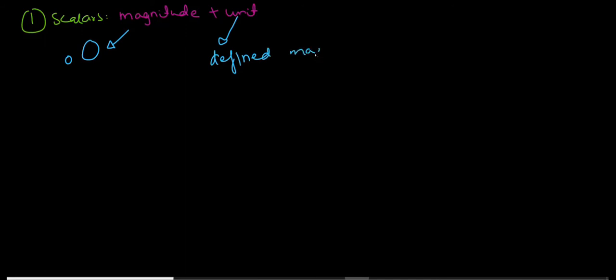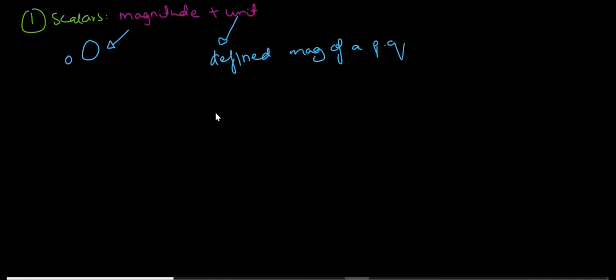Scalars are physical quantities, which means that they can be measured, but they only need a magnitude plus a unit to be defined. Now, what does that mean? You already probably know that a magnitude means how big or how small something is, and a unit is a defined magnitude of a physical quantity.